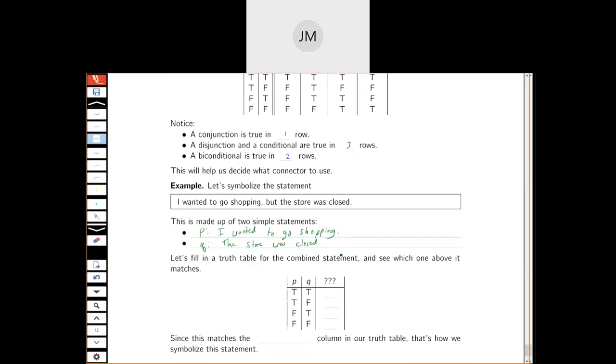Okay. So let's look at the statement. I wanted to go shopping, but the store was closed. If I wanted to go shopping and the store was closed, okay, does it seem like this statement was true? If it's true that I wanted to go shopping and it's true that the store was closed, then yeah, that seems to line up. Okay.